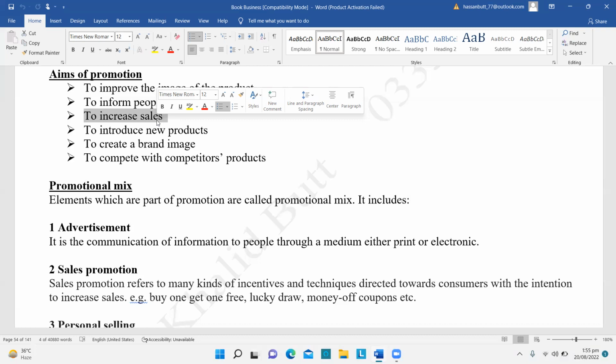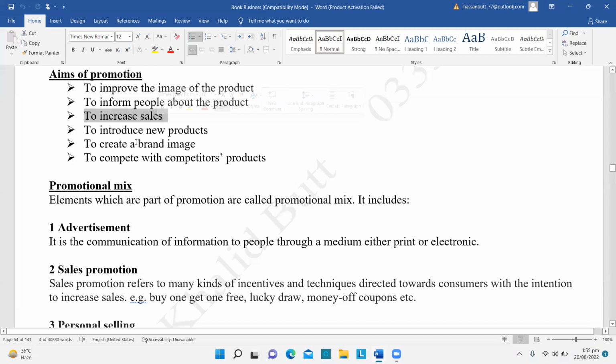So again, promotion is required there. And what kind of promotion? Along with other elements of promotion, personal selling becomes extremely important there, particularly when a product is expensive and a bit technical as well. Got it? Yes, sir.